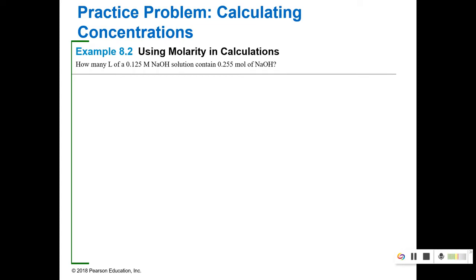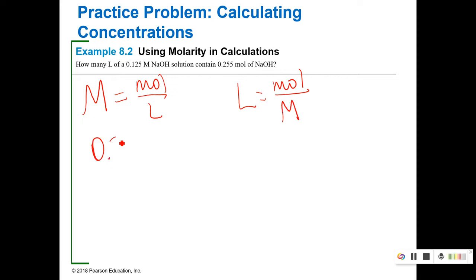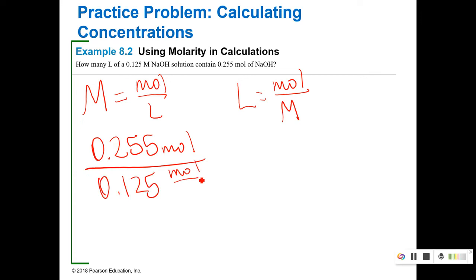So here we're looking for liters. Remember, so we could use this. So molarity is moles per liter. I'm looking for liters. So liters is equal to moles divided by molarity. Okay. So I have 0.255 moles divided by 0.125 moles per liter.